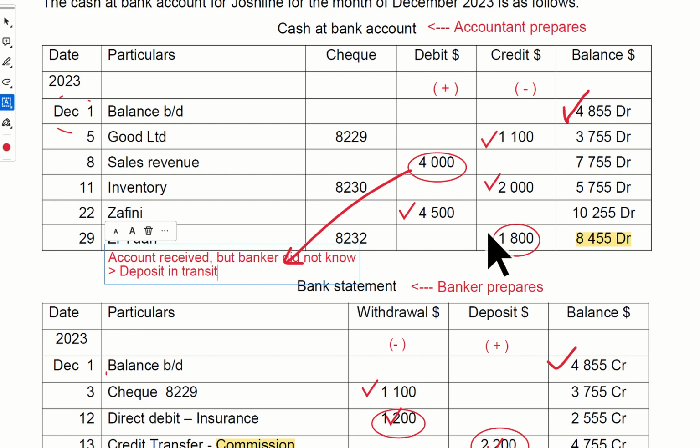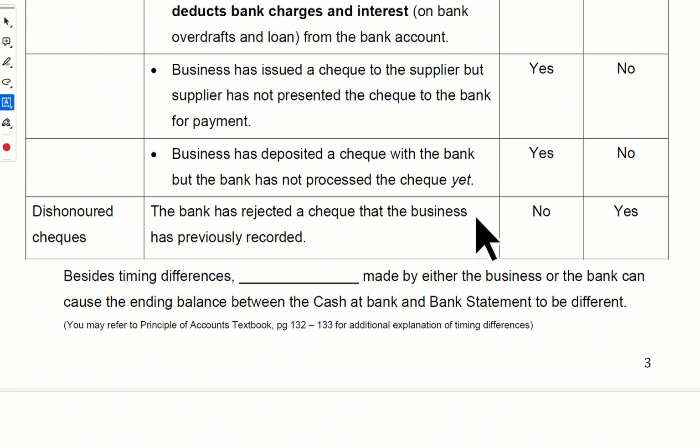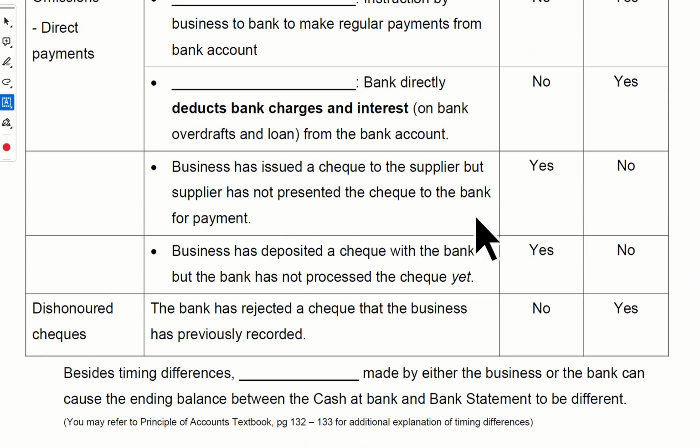What is a deposit in transit? So everybody can go up to page number 2. Over here, a deposit in transit.